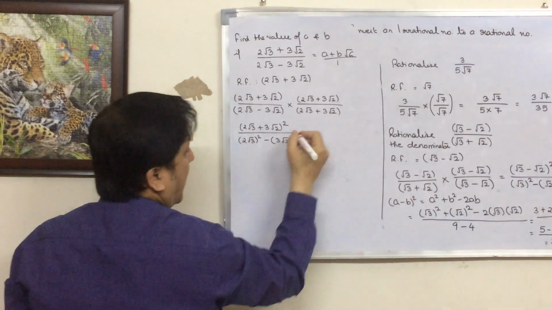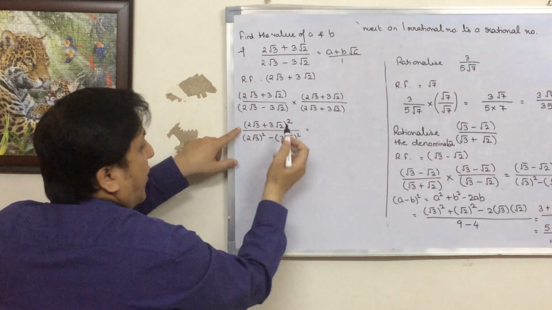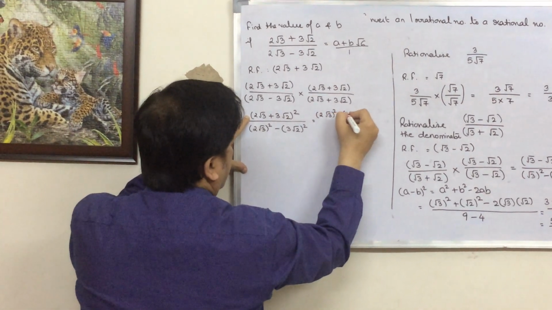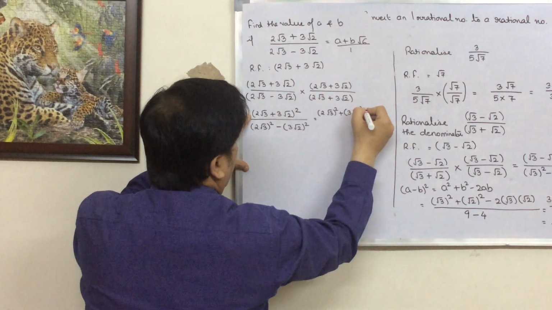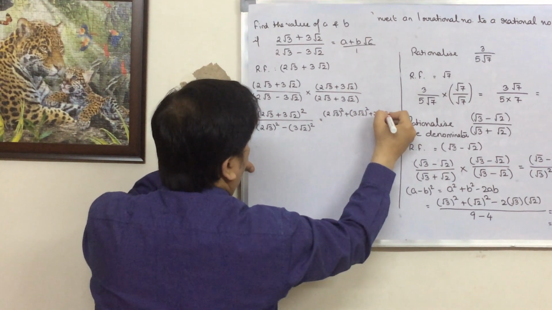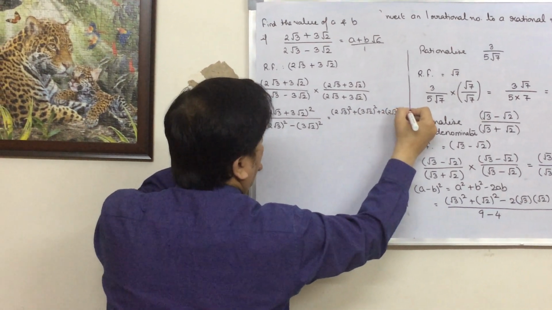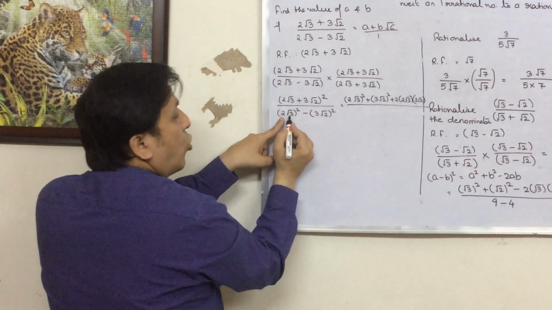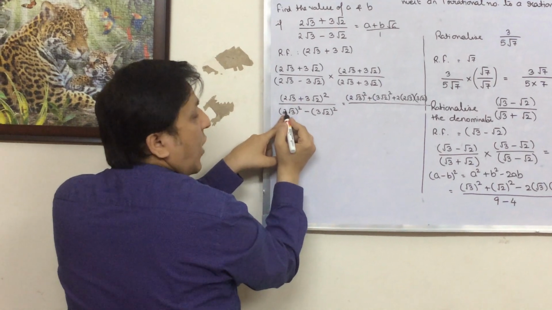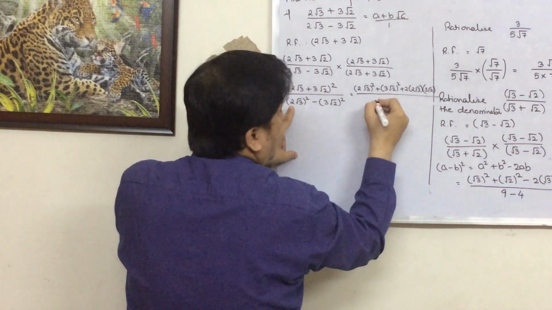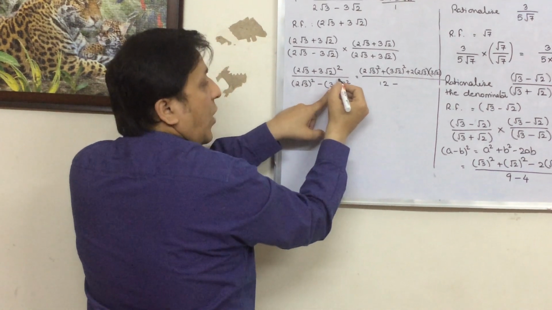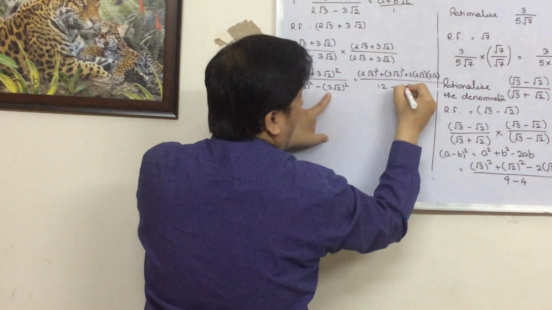The numerator, when we expand, we get a square plus b square plus 2ab, upon, in the denominator, 2 root 3 square would mean 2 square, which is 4. 4 into 3 is 12, minus 3 square, which is 9, 9 twos are 18.